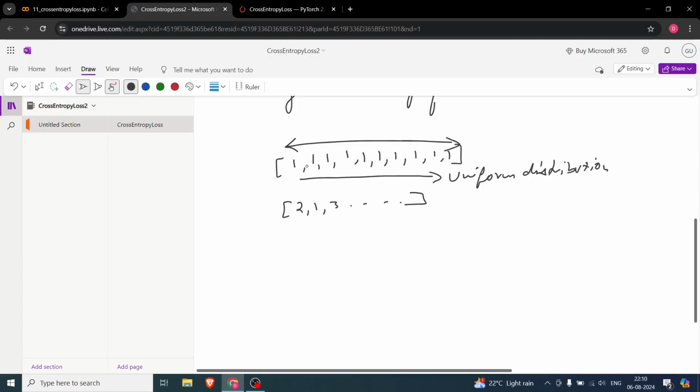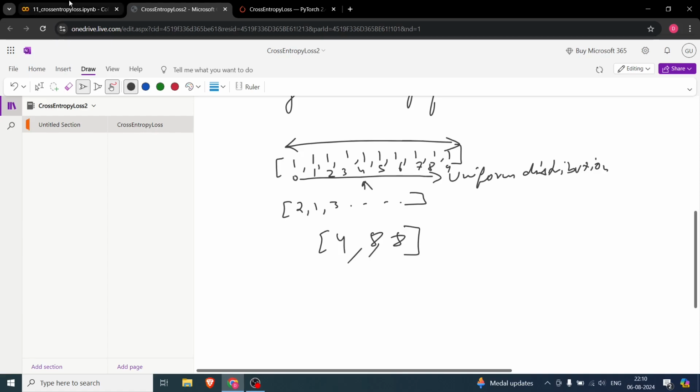Let's say this is 0, this is 1, I'm talking about the indices 2 3 4 5 6 7 8 and 9. Let's say you have to sample 3 times. Since this is a uniform distribution, all of them have equal probability. Let's say you took out 4, so your first output will be 4. You have to take 2 more. Let's say this time you took out 8. And the third one, let's say you took out 8 again.